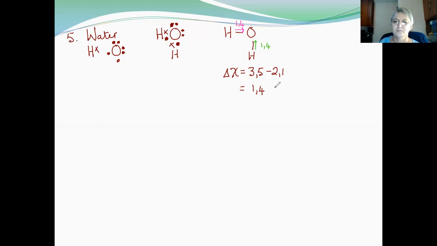So we don't multiply the 2.1 by 2. The meaning of all this is that oxygen would be polarized negatively, while the hydrogen is polarized positively. So you have a polar covalent bond between hydrogen and oxygen.